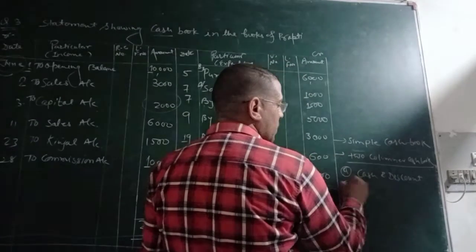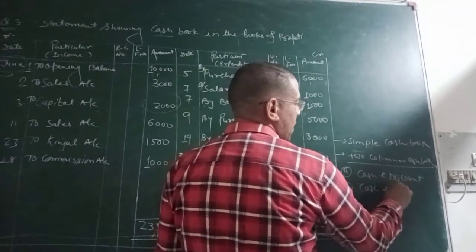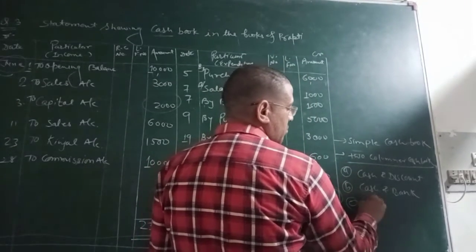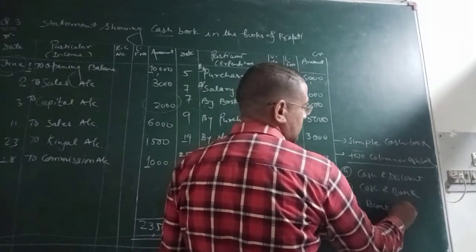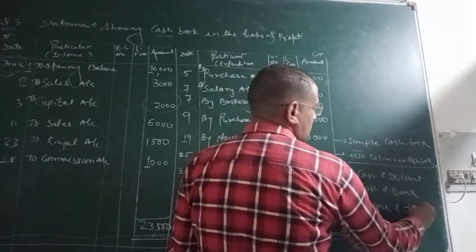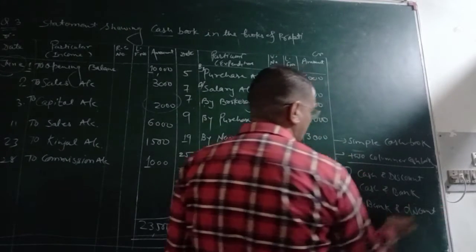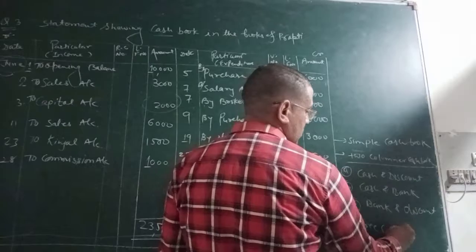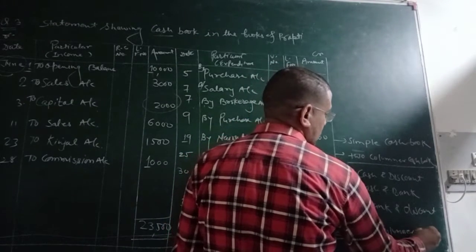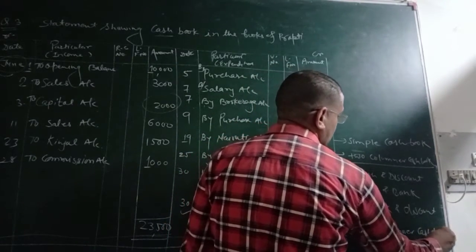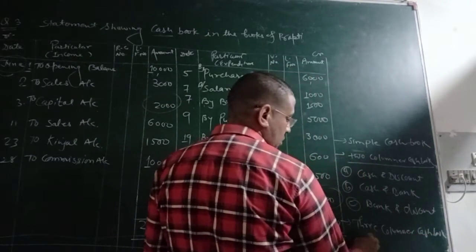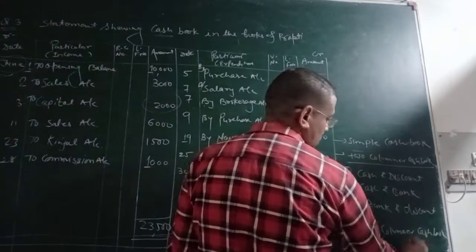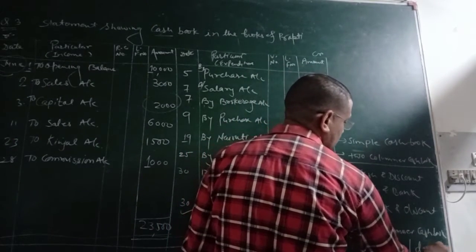Second one, cash and bank. Third one, bank and discount. And the final, 3-columnar cash book, in which we have to draw 3 accounts: cash, bank and discount.